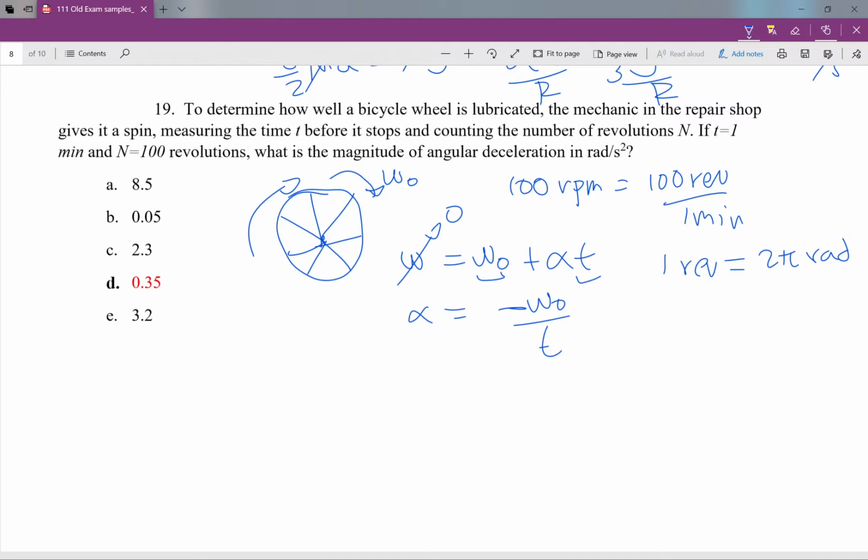If we do some unit analysis to find the initial angular velocity, we do 100 revolutions in 1 minute, and 1 minute is 60 seconds.